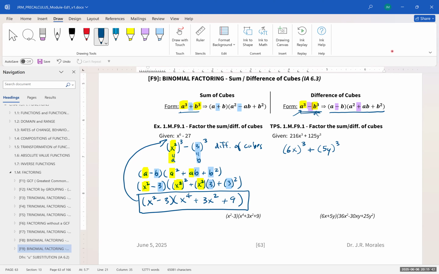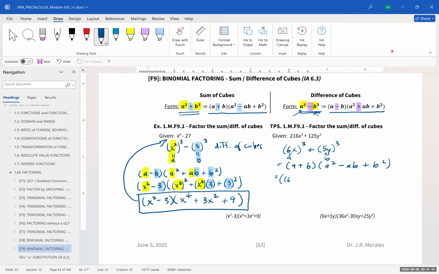So we're going to be dealing with a sum of cubes, which means we're going to write it in this form. So we're going to have a plus b times a squared minus ab plus b squared. So this is our value of a, this is b.